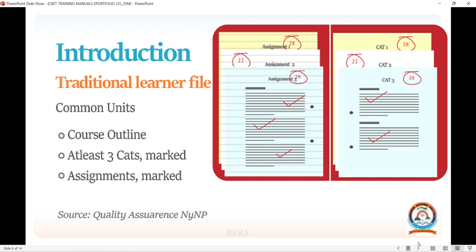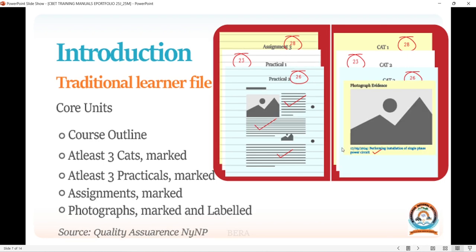And then we go to the core unit, which is the area of interest, whereby we should be strict, because this is the core unit. These are the skills which you are supposed to get at the end of the training, and you are supposed to do at least 1 core unit per training period. For example, for a term or for a module, you need to have at least 1 core unit.